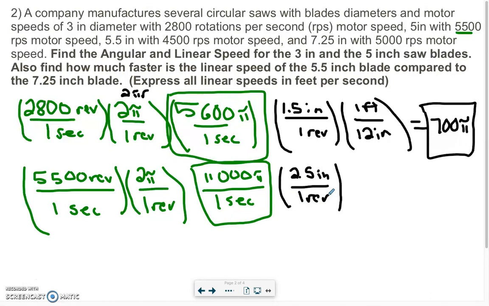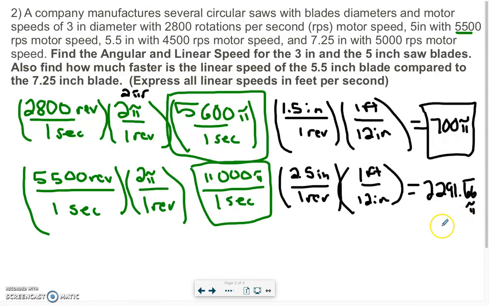You take your 11,000 multiplied by 2.5, and then because we're converting to 1 foot in 12 inches, we divide by 12, and you get 2,291.66 repeating pi, or 6,875 pi divided by 3. I'm expressing all this in pi for you guys. Just take that and multiply it by 3.14.